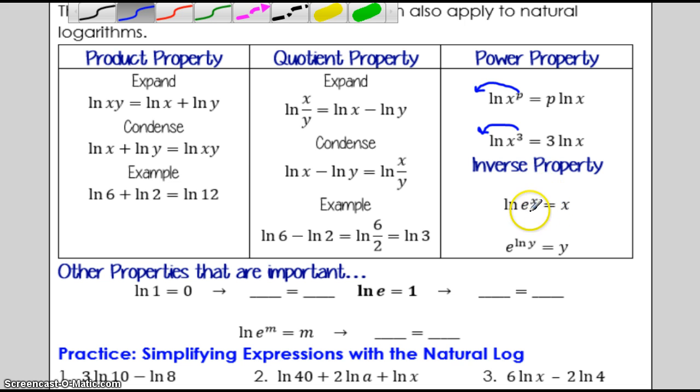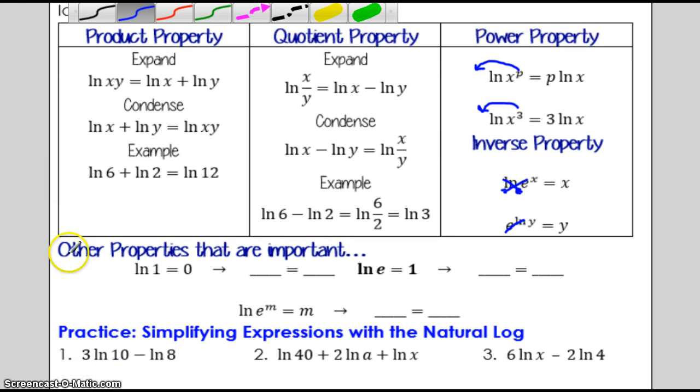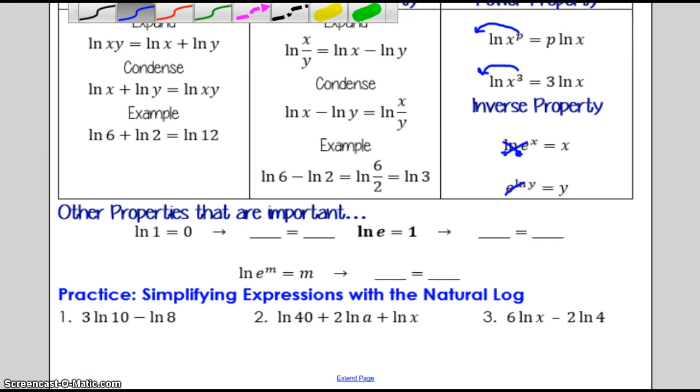And then the inverse. When it's ln to the base of e, and we already have a base of e, it's going to cancel that out, and we're going to be left with our exponent. Same thing when it's e with an ln, that's going to cancel, that's inverses, and we're left with our answer. Other properties that are important are natural log of 1 equaling 0.